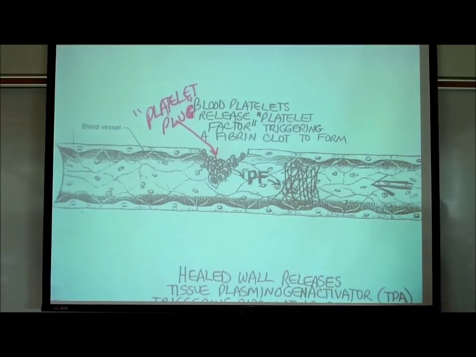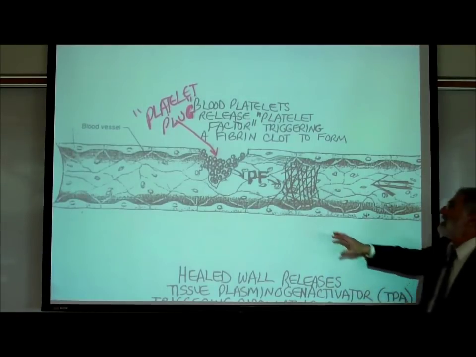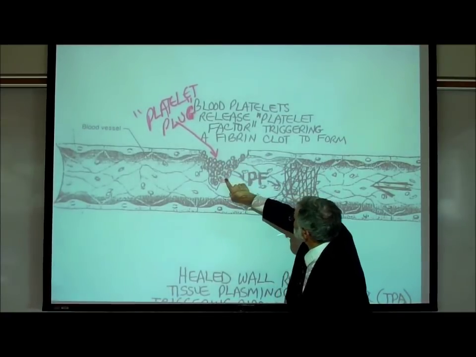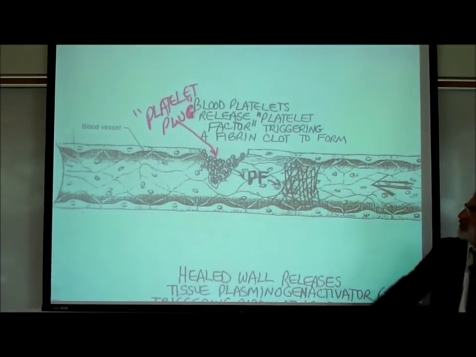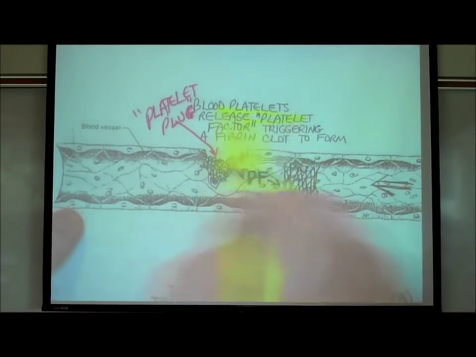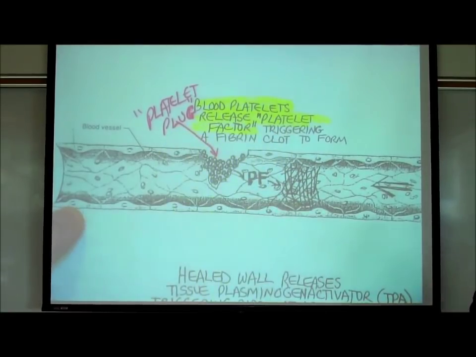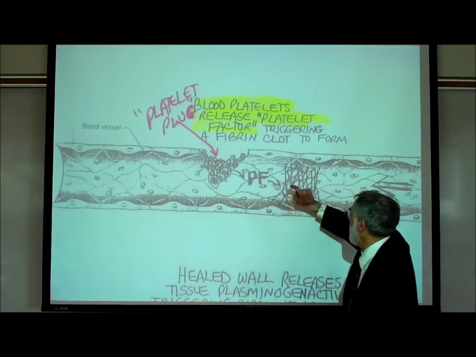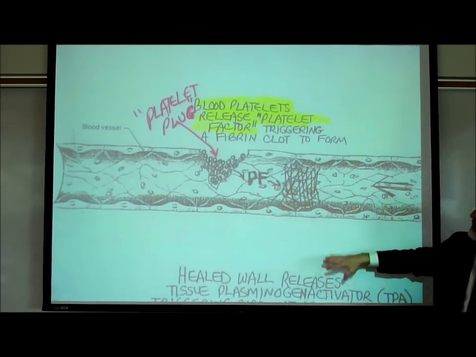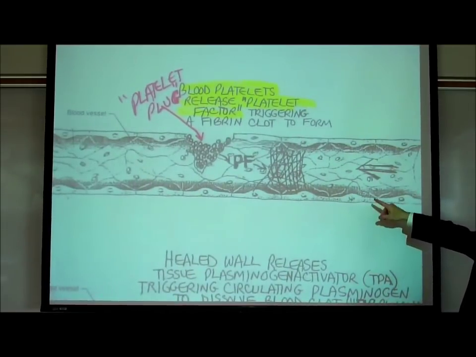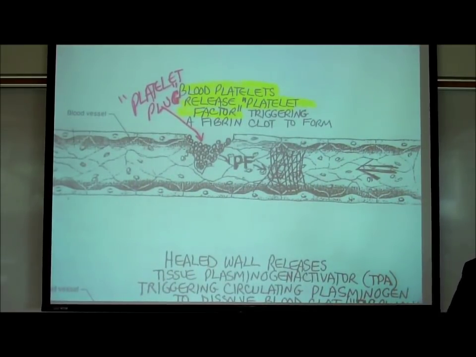But more relevantly, these platelets not only plug up that cut wall of the vessel, they release a chemical called PF, which stands for platelet factor. And it's all written there. Platelet factor initiates a complex series of biochemical reactions right here that culminates in the formation of a fibrin clot.